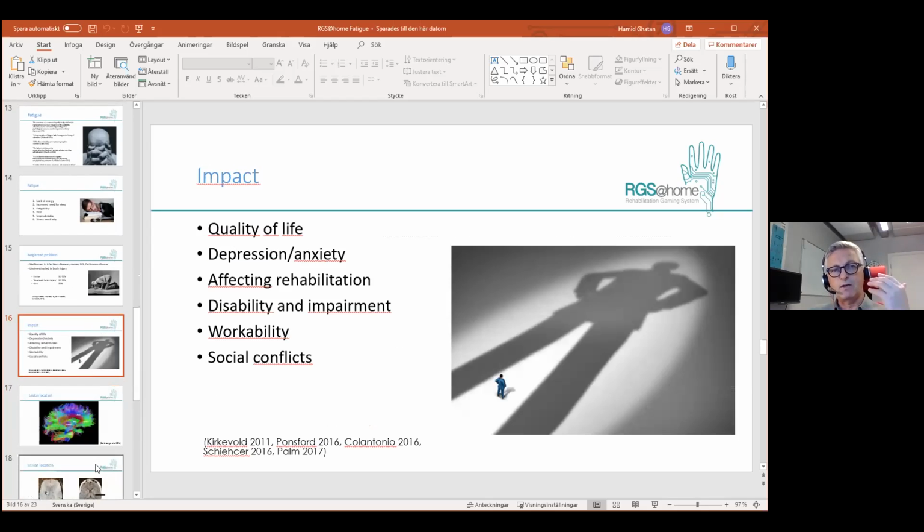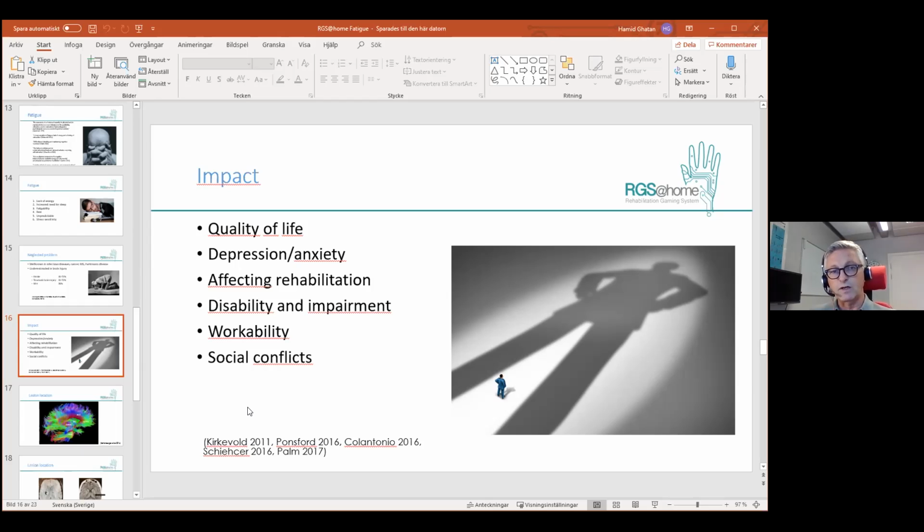Why? Well, because it has a huge impact. There are a number of studies now that show how fatigue is affecting the patient after a brain injury. It affects their quality of life. It affects their mood. It affects the rehabilitation. It affects recovery when it comes to function, level of disability and impairment.